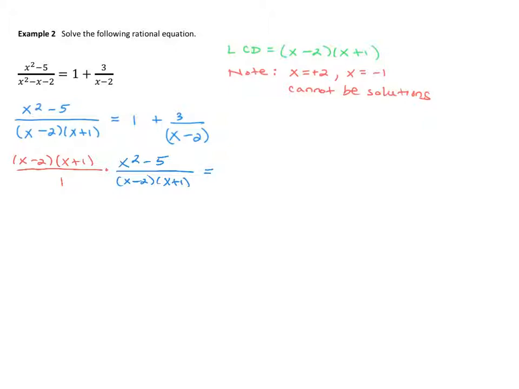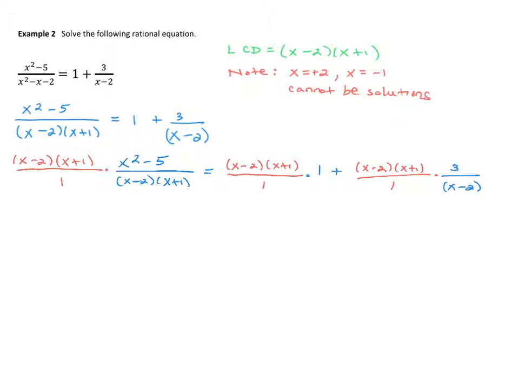Okay, that is equal to, then we have again x minus 2 times x plus 1. You could write all over 1, but that whole thing is being multiplied to 1. Then we have plus, again, x minus 2 times x plus 1 being multiplied to the very last term here, which is 3 over x minus 2.